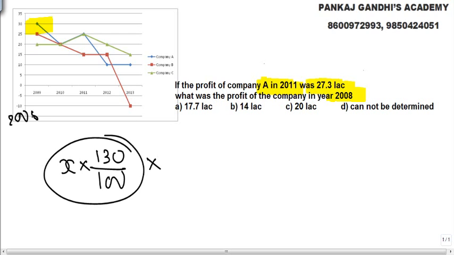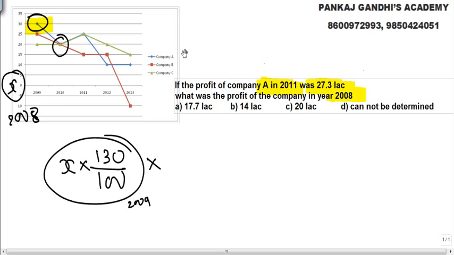If in 2008 it was X, it got increased by 30%. This is the profit in 2009. Now 9 to 10, A's profit is this. A's profit did not reduce, it got increased by 20%. What was it here?